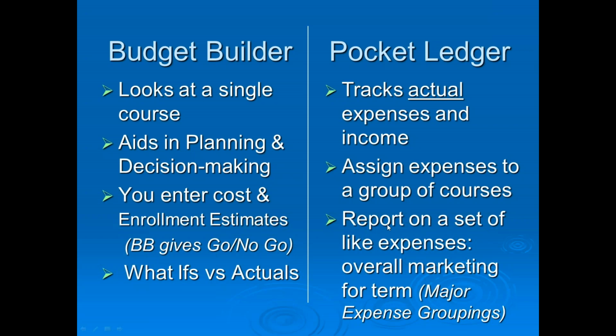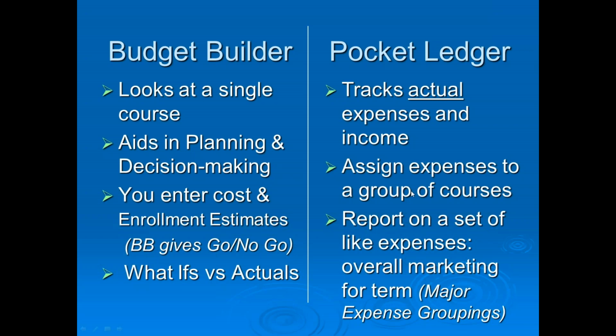Flipping over now to Pocket Ledger, this is where you track the actual expenses. Income is tracked through regular registration tracking, but this is where you can assign expenses to your programs.